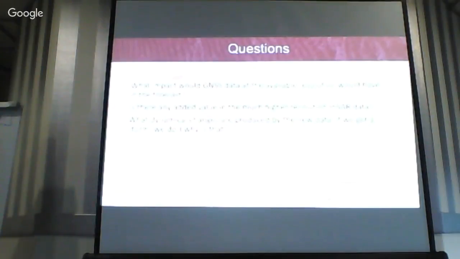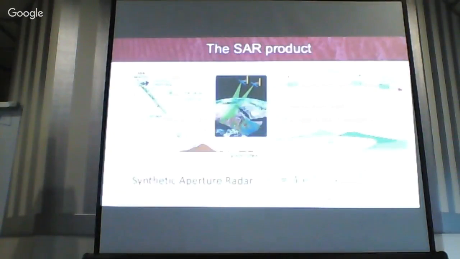So this is just to remind you what the SAR product is, the synthetic aperture radar system. You have a flying radar, and the radar is not very big, and the resolution of radar depends on the size of the antenna.